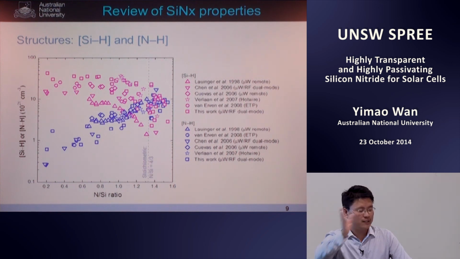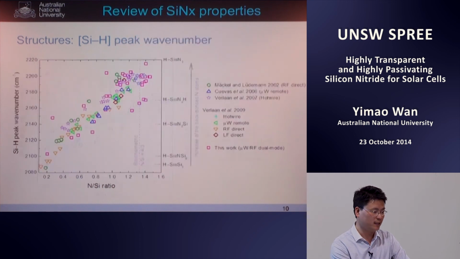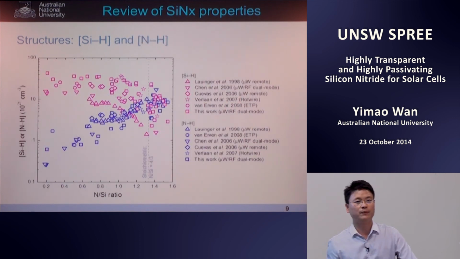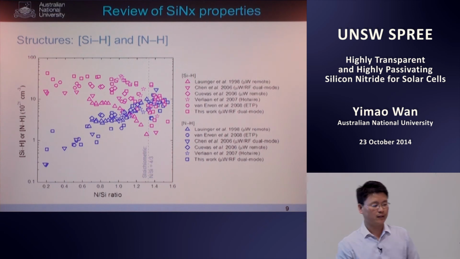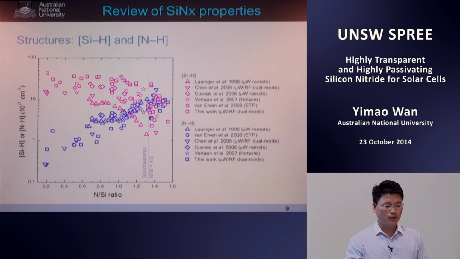All the passivation quality obtained in this work is from the as-deposited film, which means no annealing or other treatment has been done, and it shows very good passivation. And as I presented in the thermal stability slides, this film actually has very poor thermal stability. So when you anneal or fire this film, the passivation degrades quite significantly.